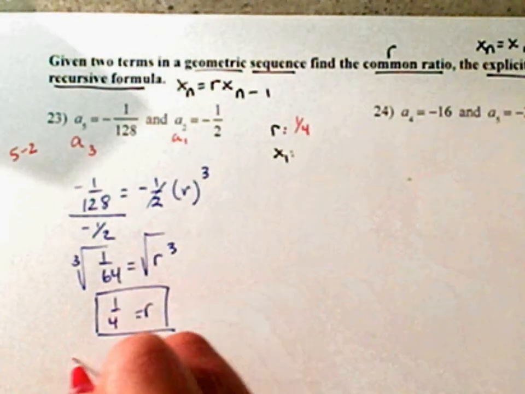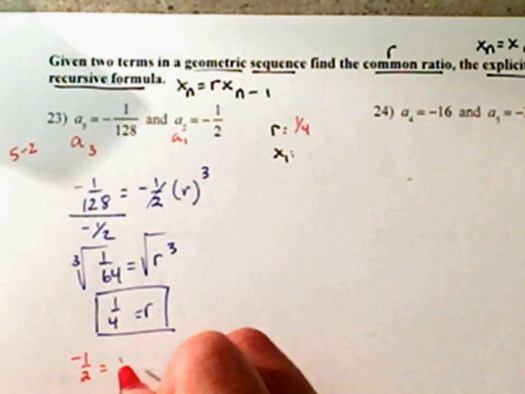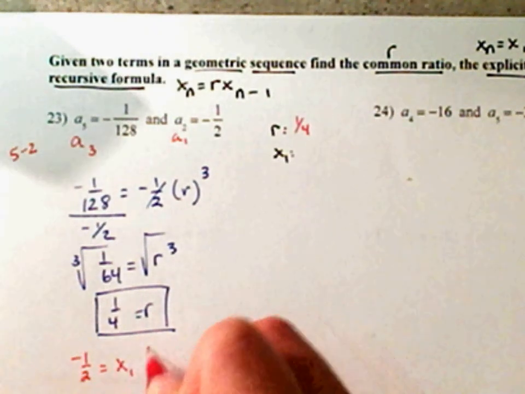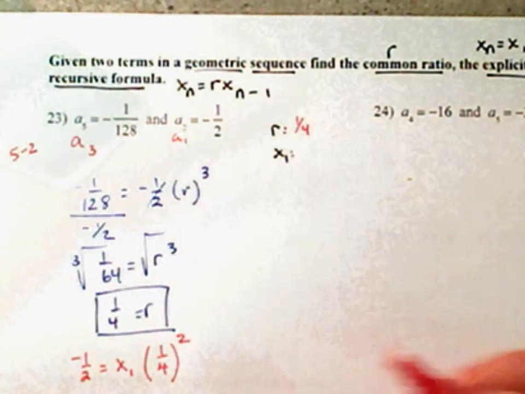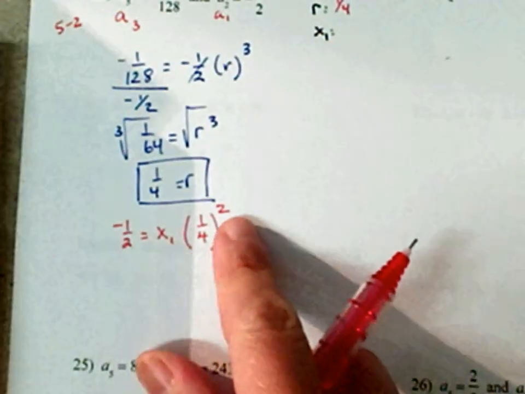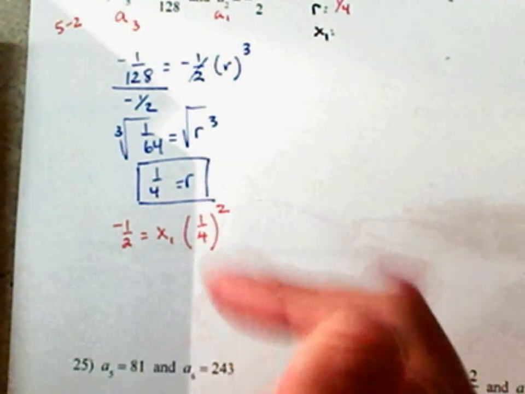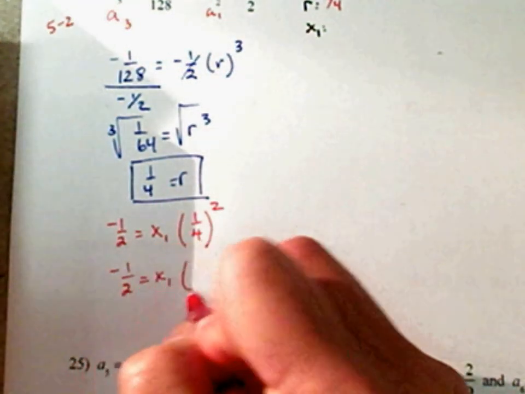So you're going to have negative 1/2 equals your first term, which you don't know what it is, times your 1/4 raised to the 2, because that's your 2. How do you solve for that? Well, 1/4 squared is the same as 1/16, x to the first times 1 over 16.